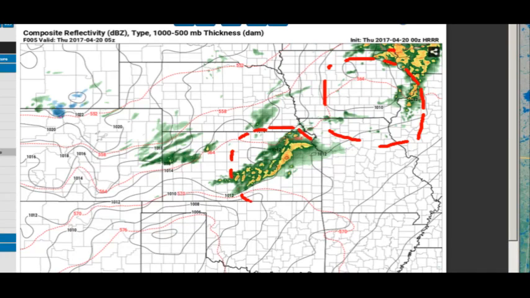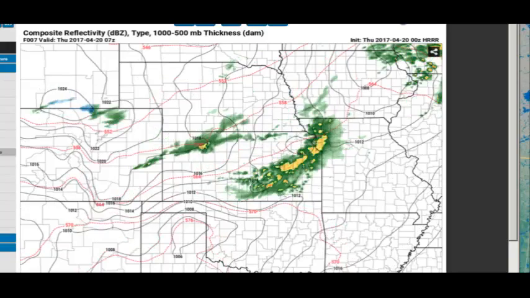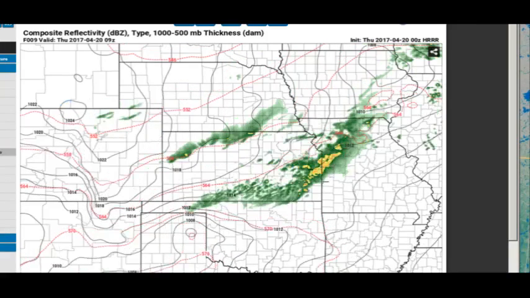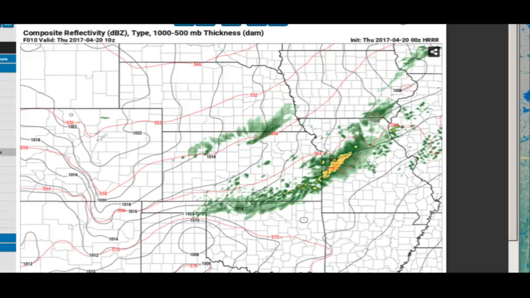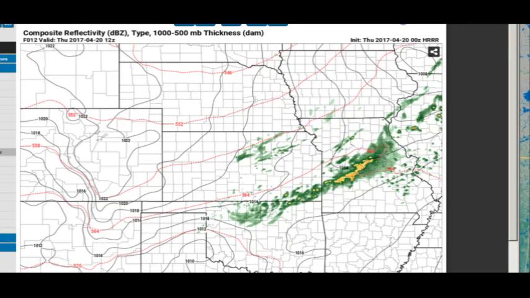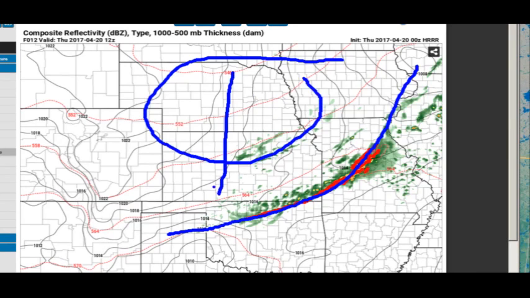But these storms here in Kansas really come together and they kind of persist all night, and then by dawn, they are moving into the central Missouri area. I don't know where that is. And then down towards around Joplin and Bartlesville. And this is along the front that's coming southward. You can see the lower thicknesses coming in from the north.